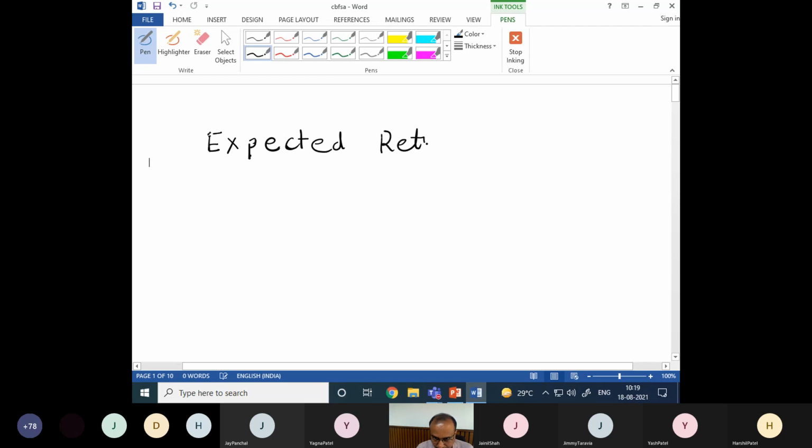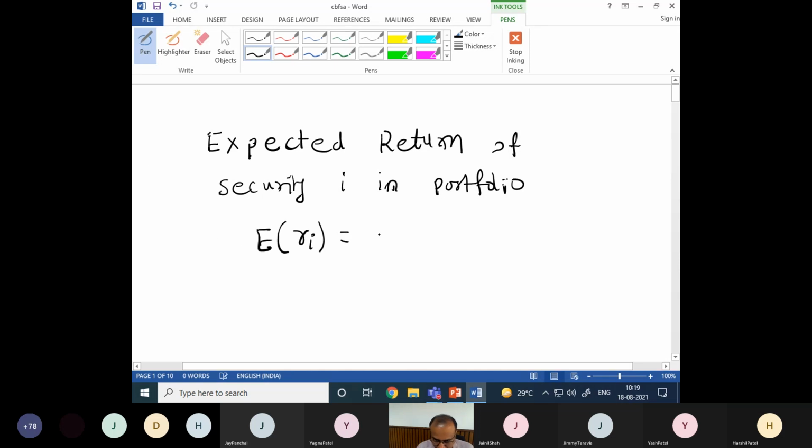The expected return of security I in some portfolio is given by E of Ri equal to the sum over small s equal to 1 to capital S of Ps times Ris, where this s defines the state of economy.